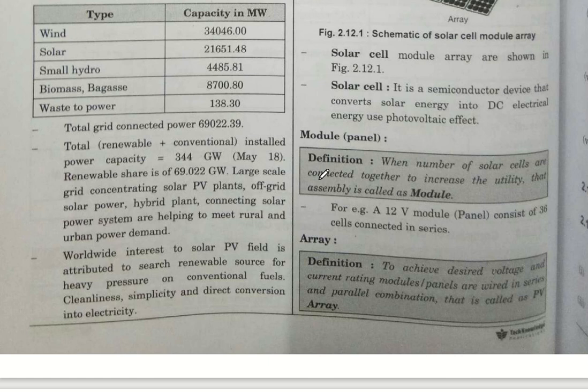It is nothing but an arrangement of my solar panels, different arrangements of my solar panels, in order to obtain the desired voltage. To achieve the desired voltage and current rating, panels are wired in series and parallel combination, and that is called a PV array.